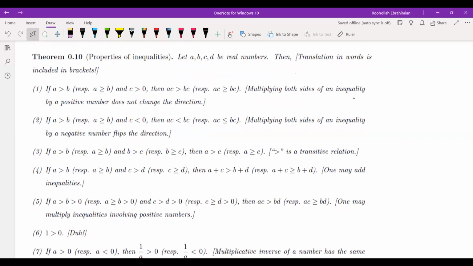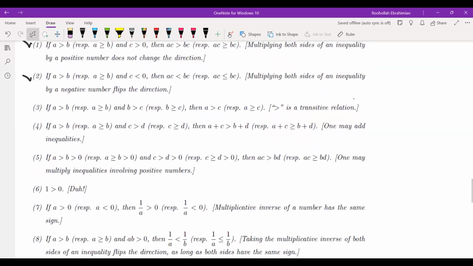The next one tells you if you're multiplying by a negative number, then you have to flip the direction of the inequality. The next one tells you the transitivity of inequalities. If you have a greater than b and b greater than c, then a would be greater than c. The next one gives you the additive property, which means you can add two inequalities. You cannot subtract two inequalities, but you can add them. You can also multiply two inequalities as long as everything is positive.